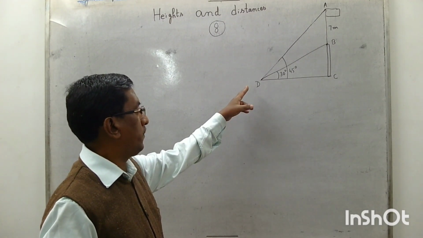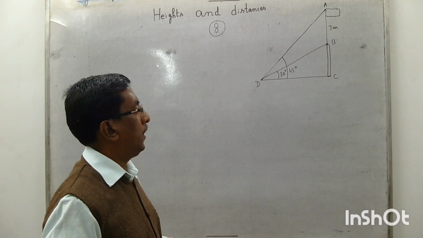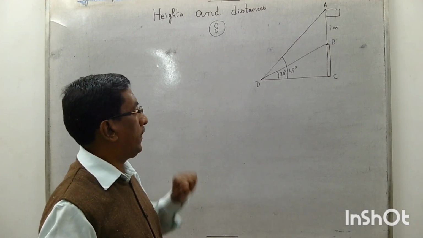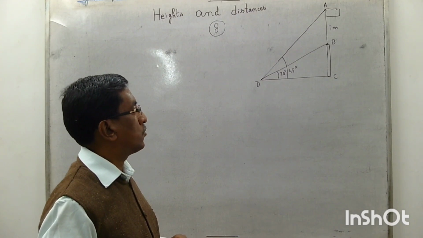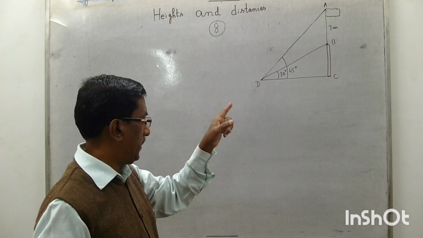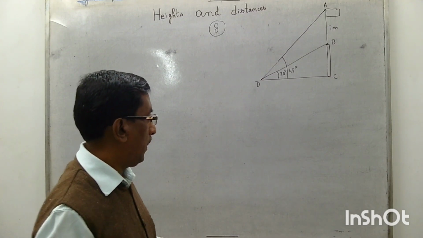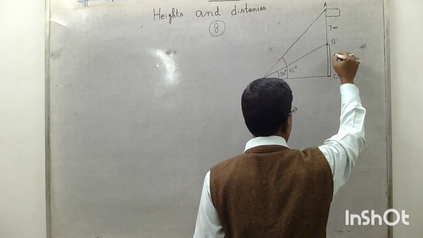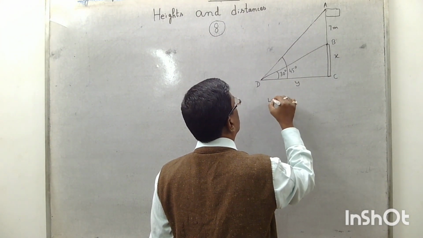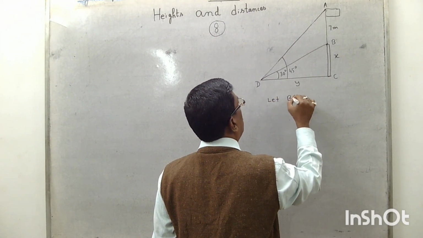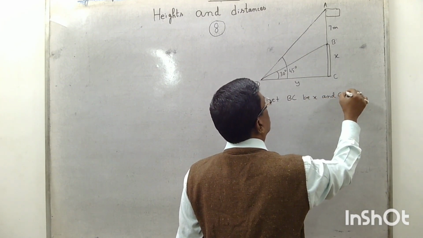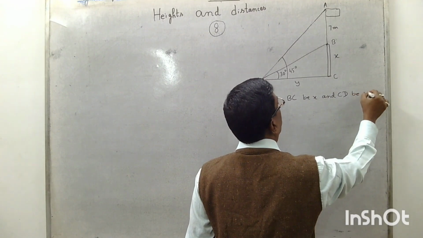Someone is observing the bottom and top of the flag staff from a point D. So there are two right angles, ACD and BCD. I take BC as X and CD as Y. Let BC be X and CD be Y.